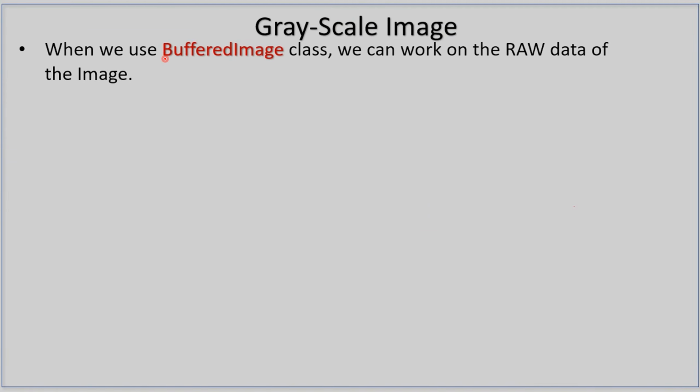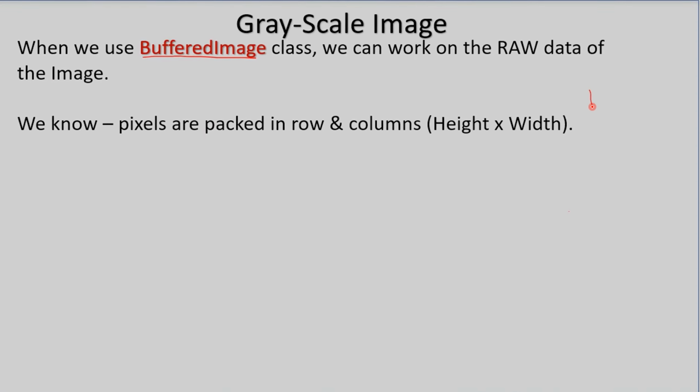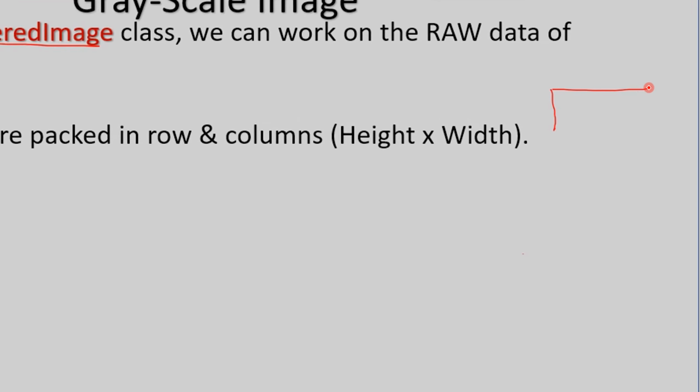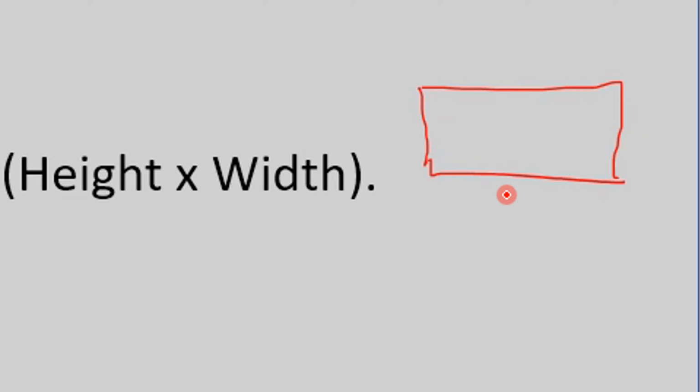When we use the BufferedImage class, we can work with the raw data of the image. We know pixels are packed in rows and columns. If this is the image, an image will have width and height.